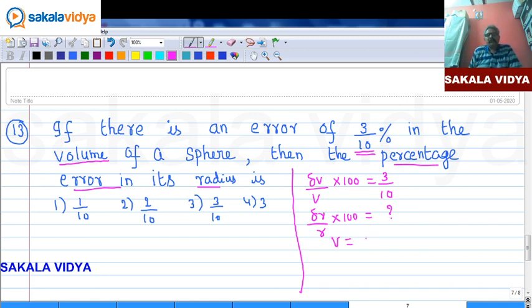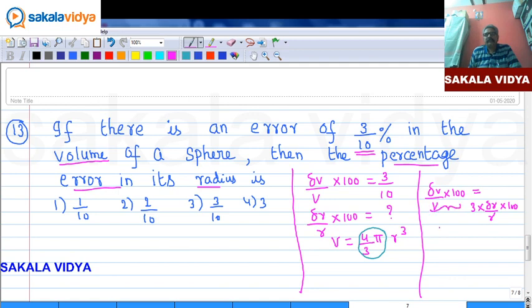V is equal to 4 by 3 pi r cube. Now this 4 by 3 pi is constant, leave it. Just the relation we require, V is equal to r cube. Now delta V by V into 100 is equal to, dimension of R is 3, so 3 times delta R by R into 100.